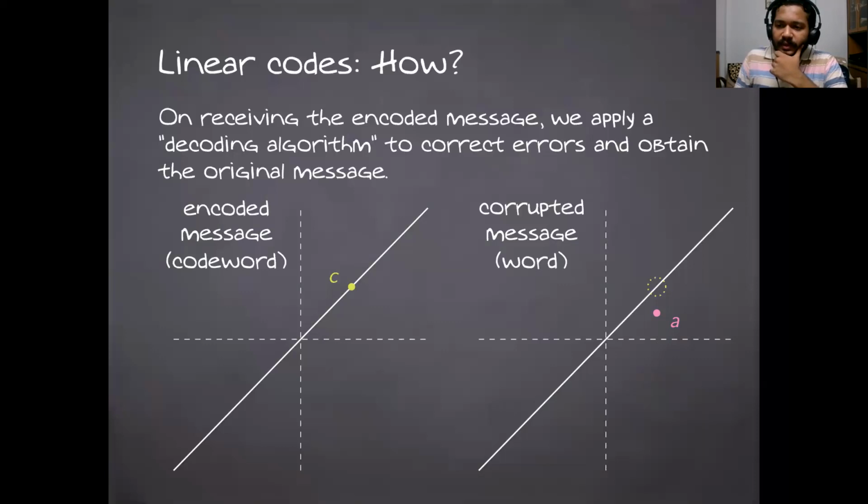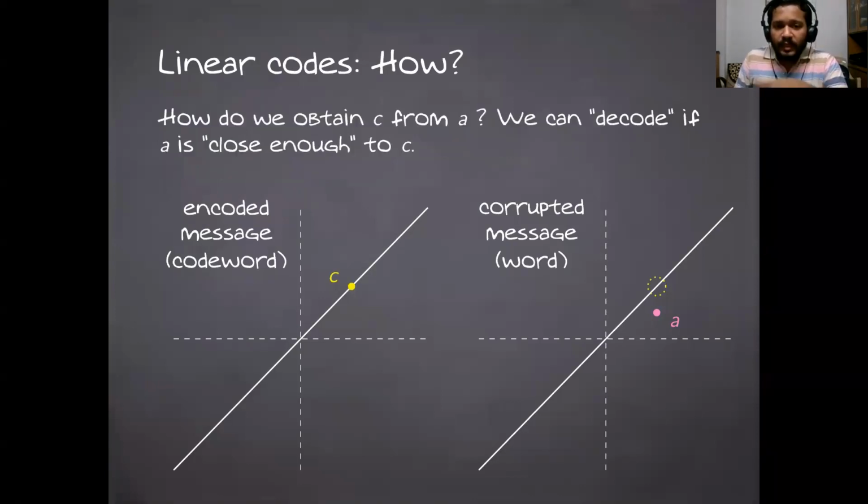The intuitive idea is that if the received word, the corrupted message, is in some sense close enough to the original code word, that is, there are not too many errors, then there is some hope of correct decoding. So there is this inherent notion of 'close enough' that comes into the picture. So how do we obtain C from A? We can decode if A is close enough to C.